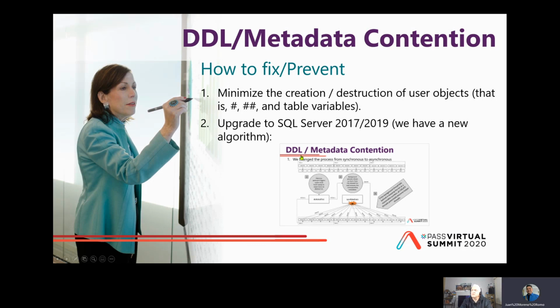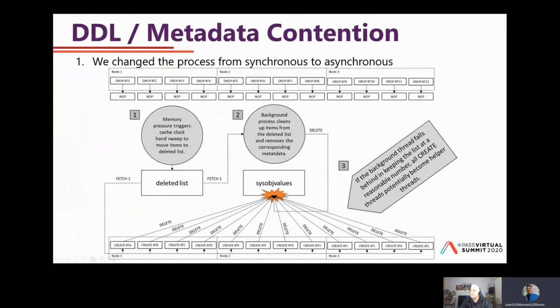Also, I know that you could say, hey, you are pushing me to upgrade. But we have a reason. In 2017 and 2019, we have a new algorithm. In this new algorithm, we changed the way to destroy the object. Instead of being a synchronous process, we use an asynchronous process.